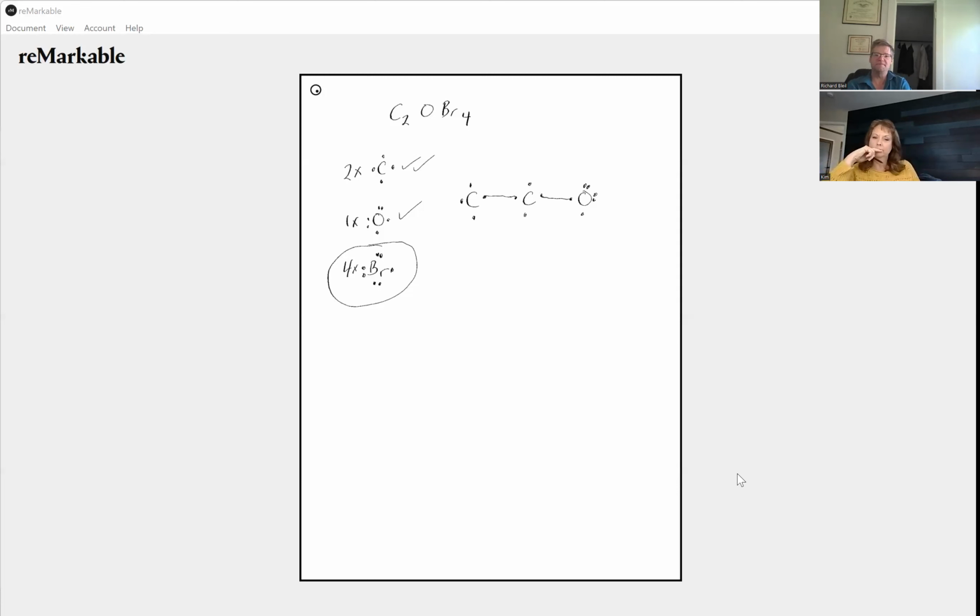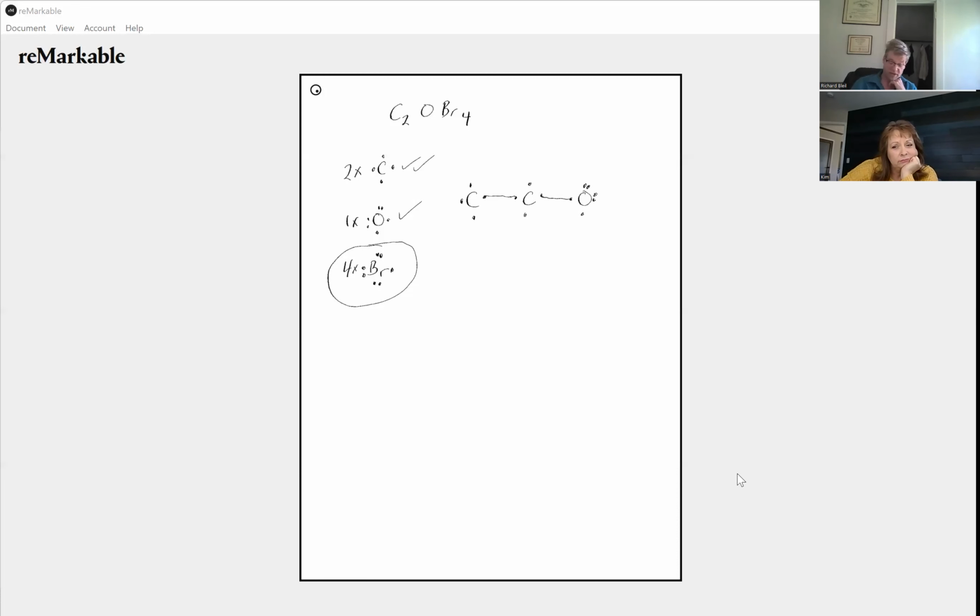We have 4 bromines. How many unpaired electrons do we need to put our bromines on here? Remember, we're holding it off because bromine only needs 1 more electron. So how many unpaired electrons do we need? Well, you only need 1, right?